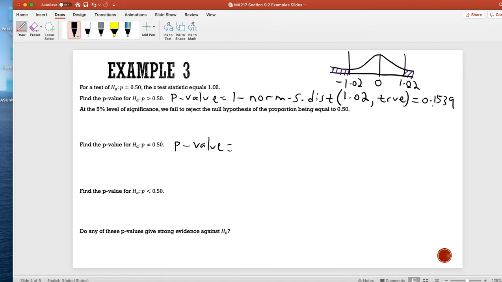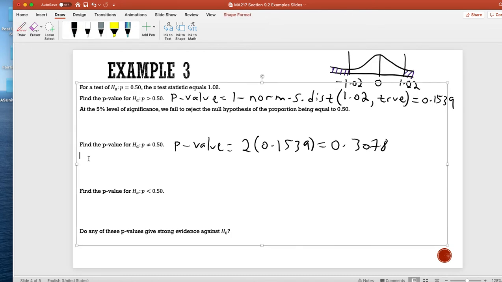We found the area to be 0.1539, so for the area not equal to 0.50, this will be 2 times 0.1539. And this gives us a value of 0.3078. And naturally, that's even greater than the one that we just found.